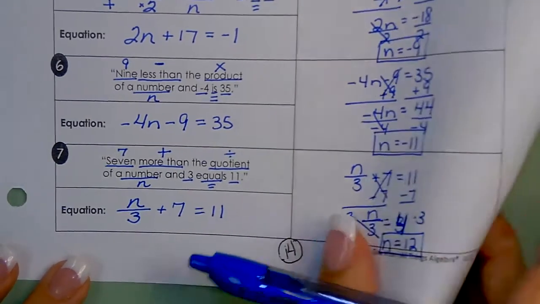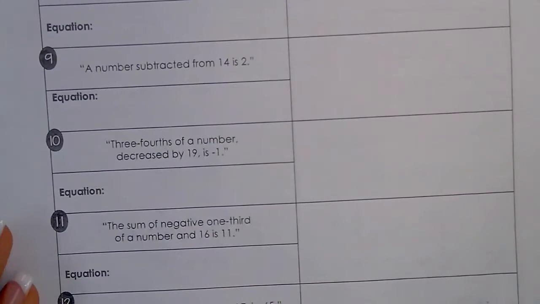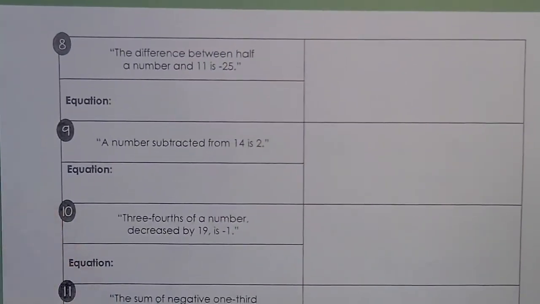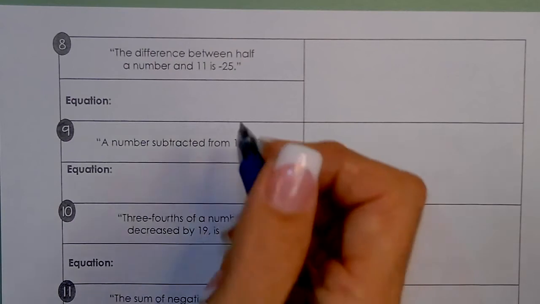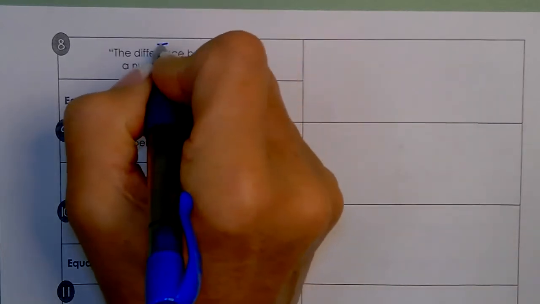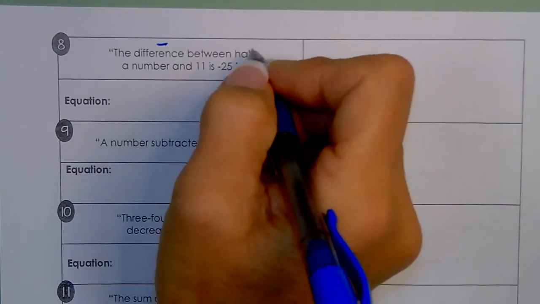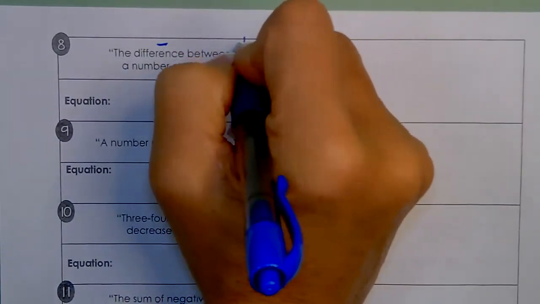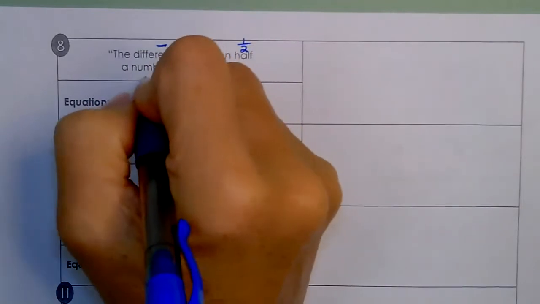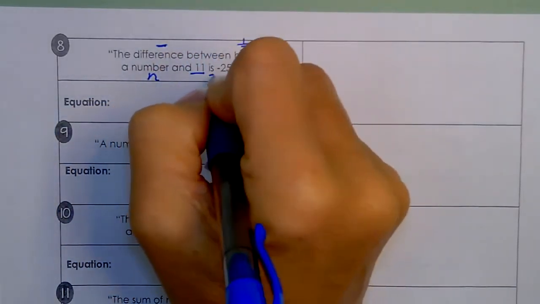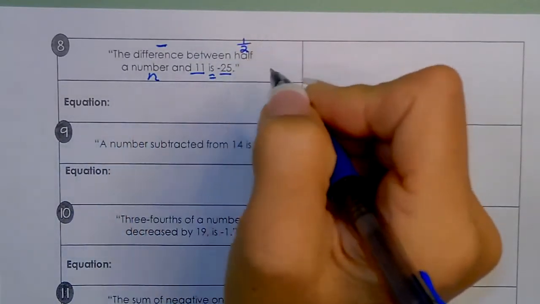All right, page 15. The difference between half a number and 11 is negative 25. The difference between is subtract. Half a number and 11 is negative 25.